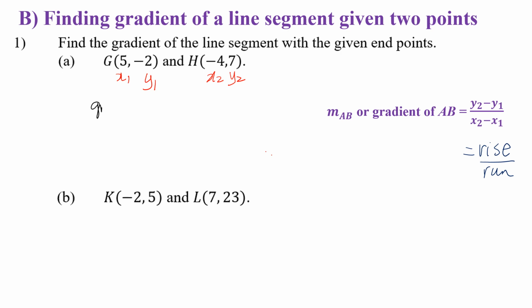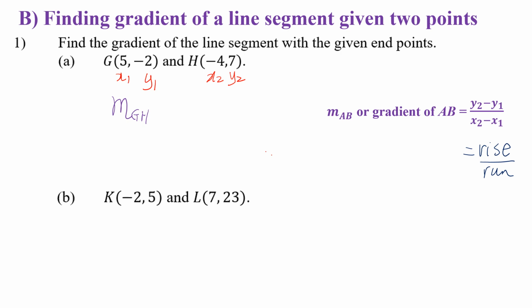So gradient of GH. If you find writing gradient of GH troublesome, there are so many words to write, you can actually use a symbol M. M is a symbol to represent gradient in coordinate geometry, and then you write the points GH. You can write it this way.